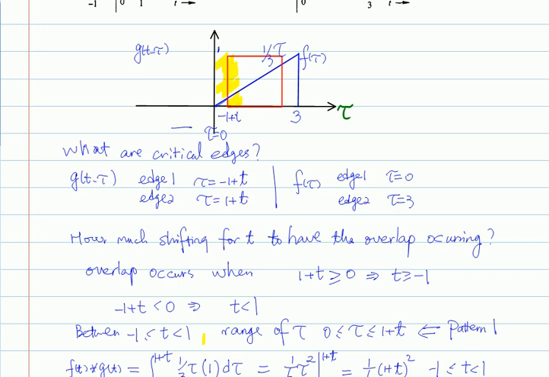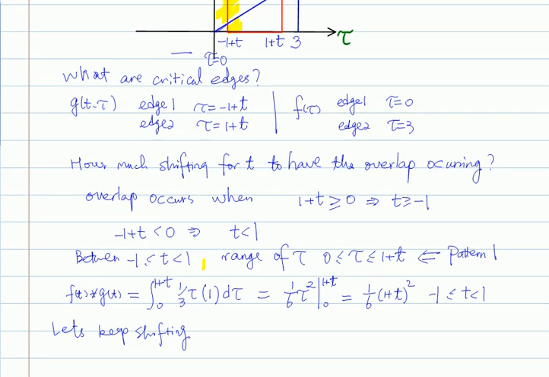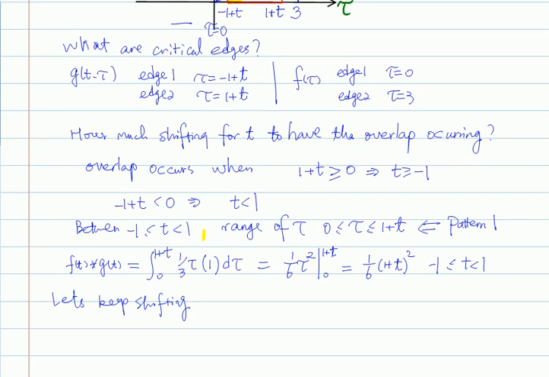So this is -1 plus t, and this is still 1 plus t here. So -1 plus t is now on the right side of the tau equal to 0 edge. If -1 plus t is on the right side, that means -1 plus t becomes greater than 0, which means my t value is greater than 1 now.